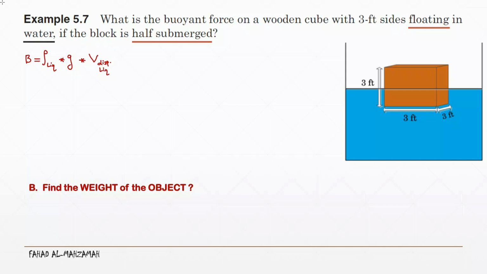Now, do we have the rho of liquid? Yes, since it's water, we already said you know all the properties of water. Do we know the acceleration of gravity? Yes. Do we know the volume of displaced liquid? No.